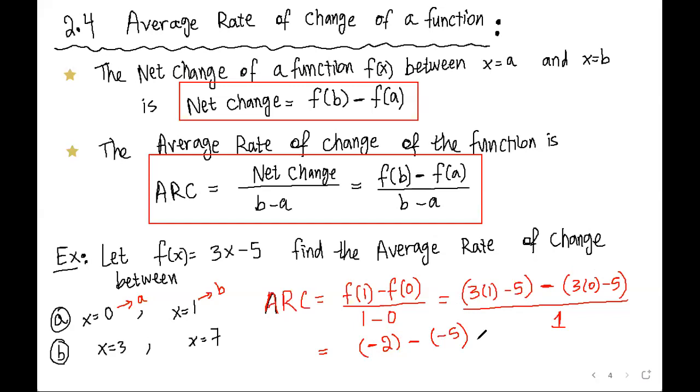Minus 2 minus minus 5 is minus 2 plus 5, which is 3. So the average rate of change for the first pair is 3.